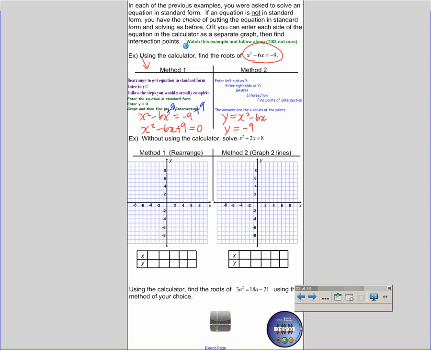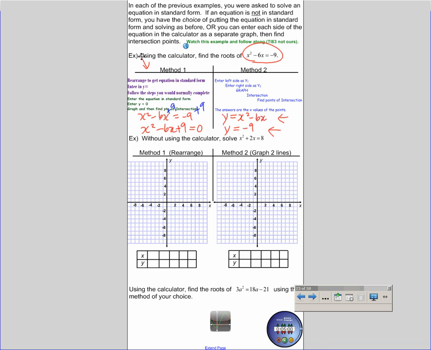The first one is going to give you a parabola. The second one is going to give you a line. The answers are the x values of where those two graphs intersect. So they're not necessarily on the x-axis, they're just where those two intersect. So that's another way of doing it. It might confuse some people a little bit, so just be careful how you do that.